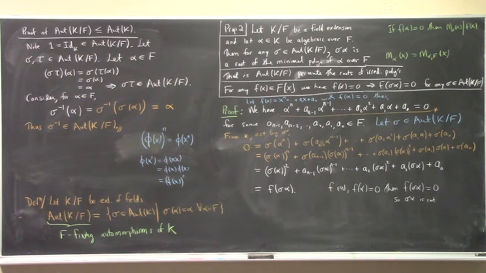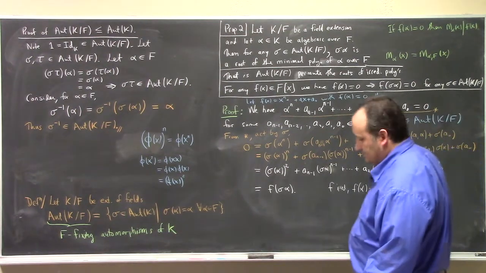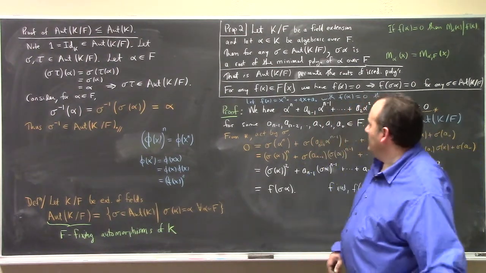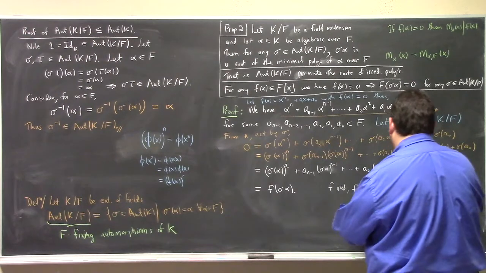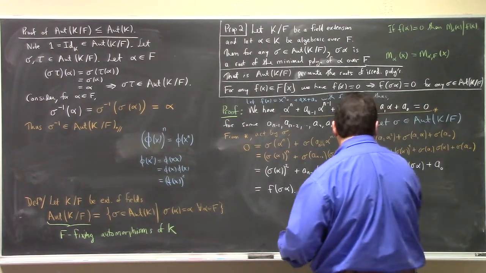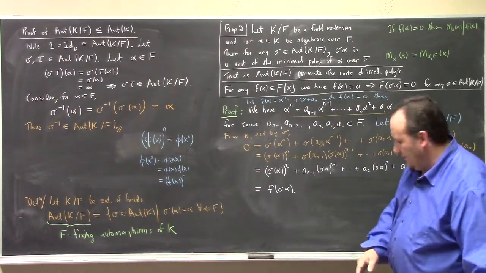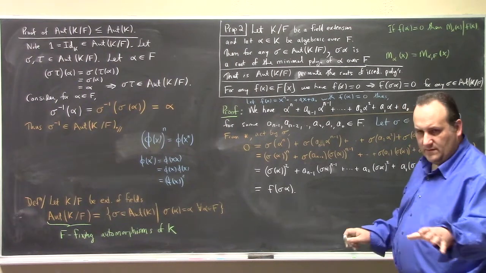And what's the previous sentence? Sigma alpha is a root of the minimal polynomial of alpha over F. Now, how do we know sigma alpha is a root of that?